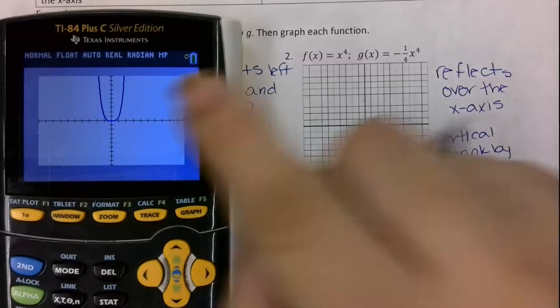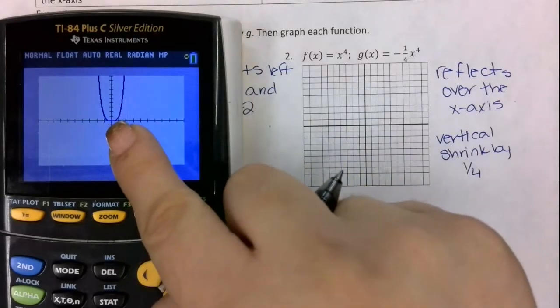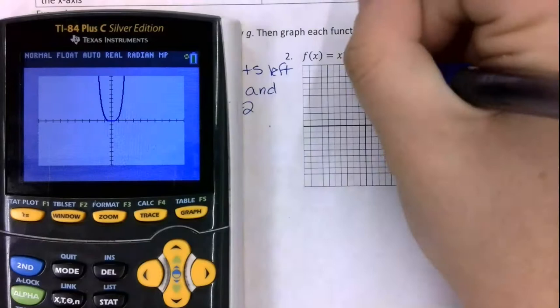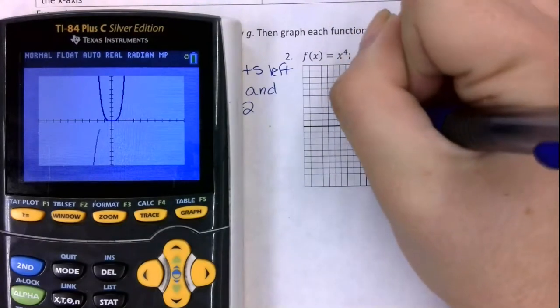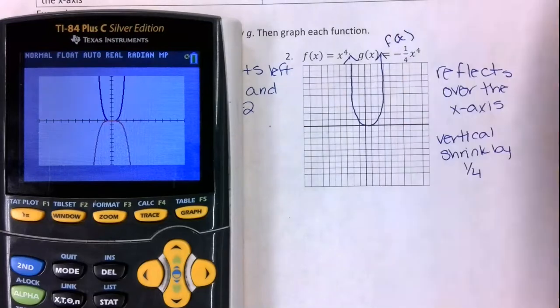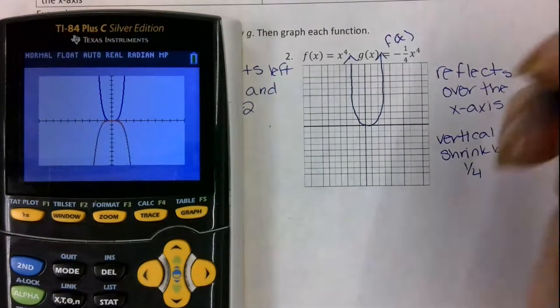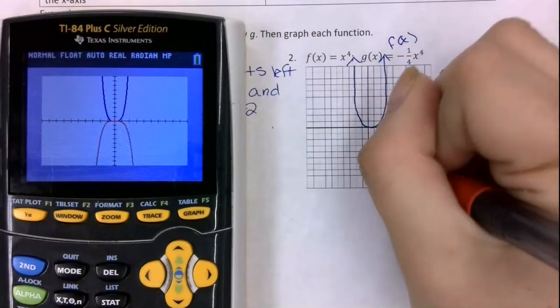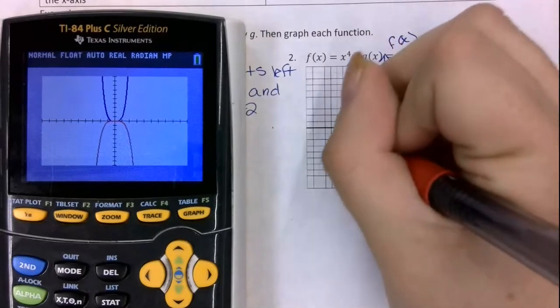So notice x to the 4th is kind of like an x to the squared graph. It's just flatter at the bottom. Okay, and then vertical shrinks make it wider.